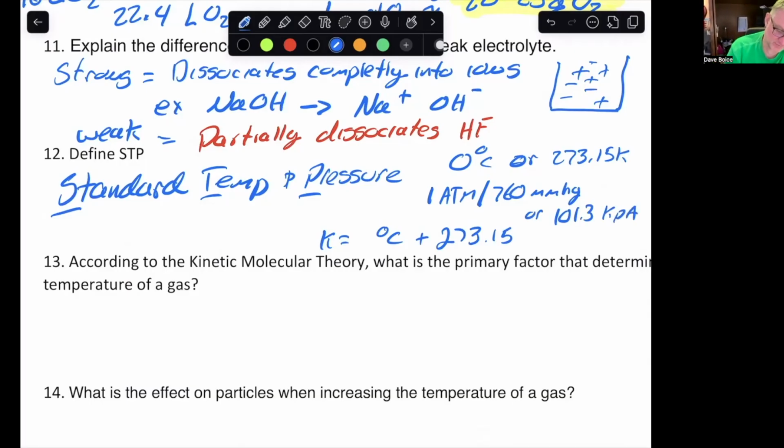So remember, all three of those are equal to each other. So 1 atm, 760, and 101.3 are all the same, just like 0 degrees Celsius and 273.15 K are also the same. They're equivalent, just like 12 inches and 1 foot are equivalent. They're the same thing.